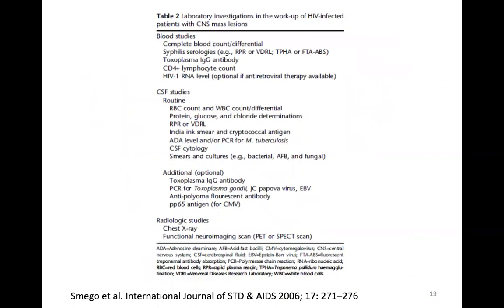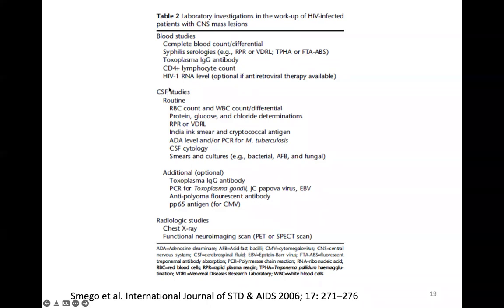All right, great stuff. So quite a number of tests. If you have a mass lesion, you might need to do blood studies. Like someone said, you must do an FBC, exclude syphilis, toxoplasma antibodies, check the CD4 count. It will really help you with your differential. If your patient is on ARVs, you want to see if those ARVs are working.